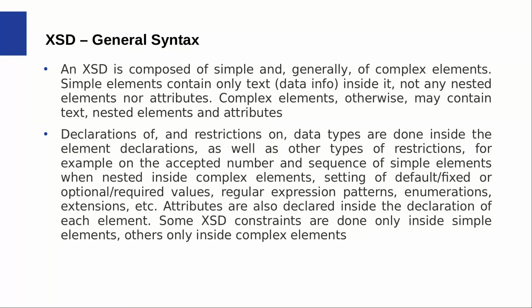And we're going to see at this class and on the next two classes how to declare both simple and complex elements, and how to constrain both the data type as well as some other constraints at the declaration of these elements, as well as at the content of them at an XML document instance.